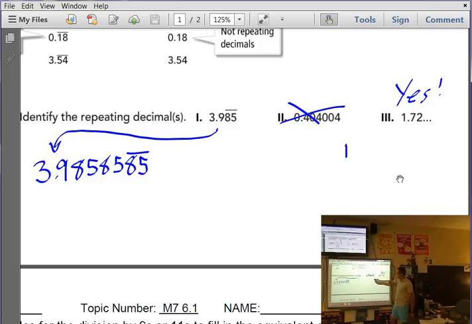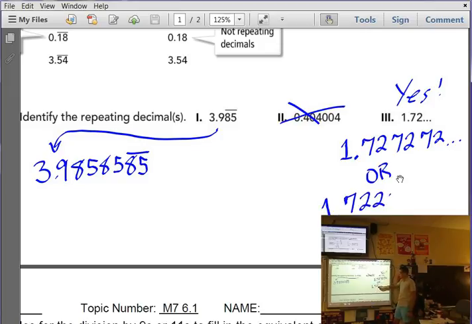So the problem is, this could be 727272, or this could be 22222, and the 7 could only happen once. We're not certain. This is why the bar is better.